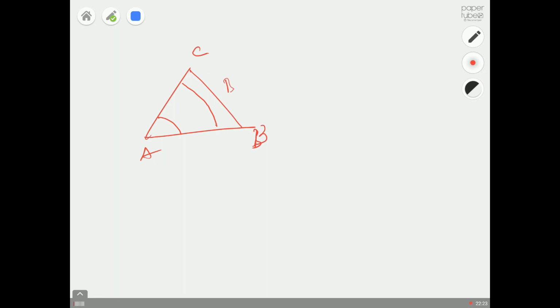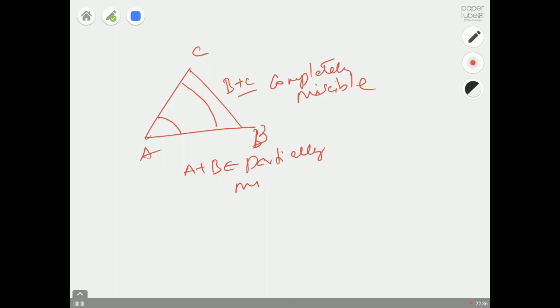In this case, B plus C is completely miscible, A plus B is partially miscible, and then A plus C is partially miscible. I think it's easy.